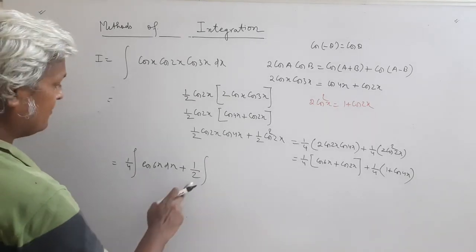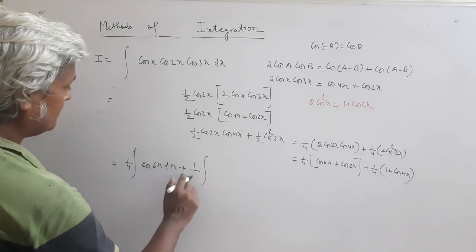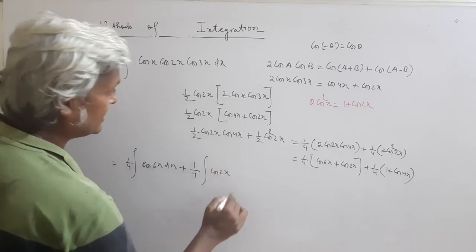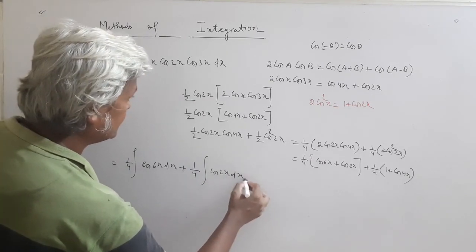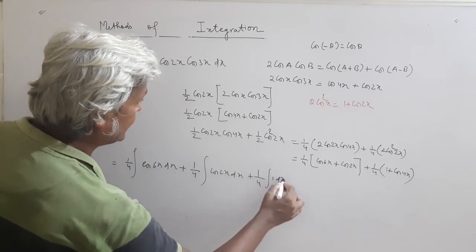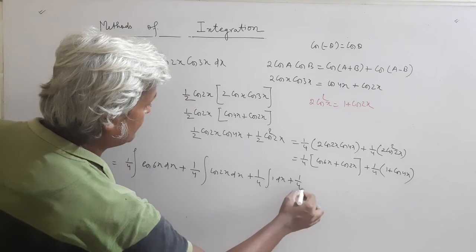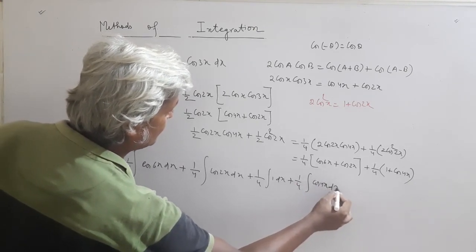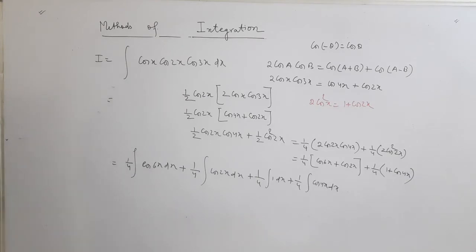And now this is 1 by 4 cos 2x dx plus 1 by 4 integration of 1 dx plus 1 by 4 integration of cos 4x dx. Now I want to clear my screen because I am running out of space.